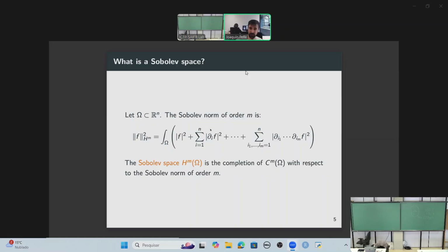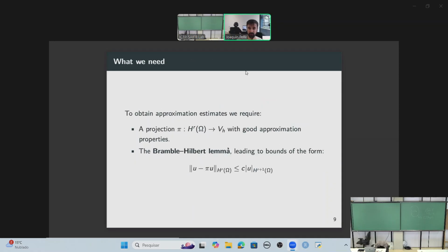Instead of considering all of the derivatives for the norm, we just integrate the derivatives of higher order, right? So that doesn't give a norm because it's not necessarily positive definite, right? Because it can easily be 0 for functions that are non-zero. So that's why we call it a semi-norm and not a norm, and use a different symbol.